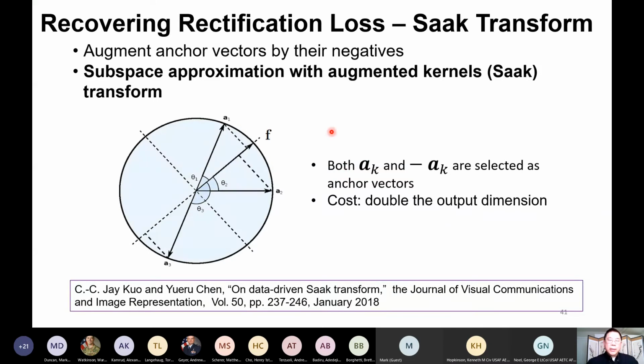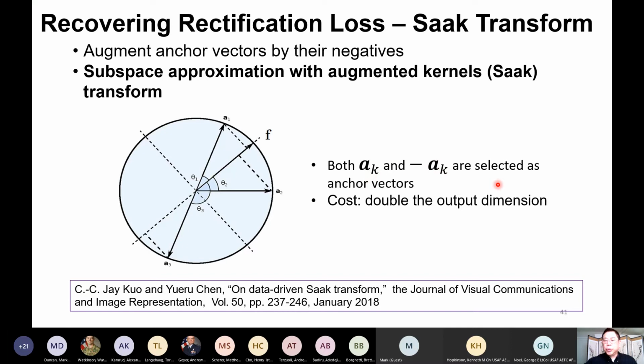So how do we simplify the analysis? One way is to do the subset approximation with augmented kernels. We put this one and this one, both anchor vectors. If you do the convolution or inner product, this is positive, this will be negative and clipped, or this will be negative and this positive.